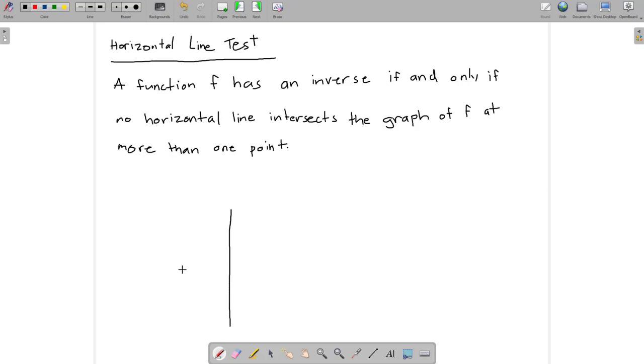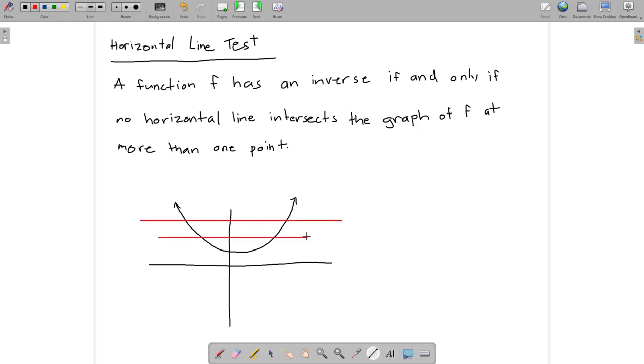So if you look at the graph of the function we were looking at, x squared plus 1, and we take the whole domain, you can see that if we draw a horizontal line at almost any point, it's going to touch the graph at 2 distinct points, right? Not just one. So currently, this function doesn't have an inverse.